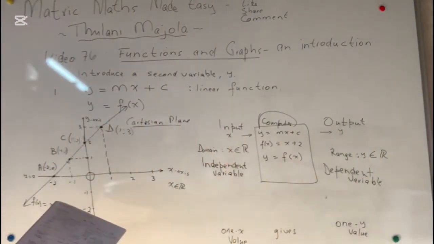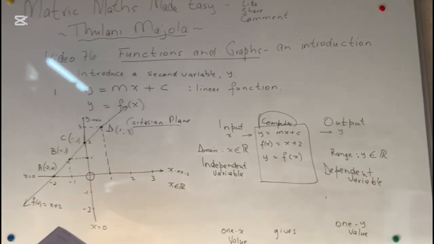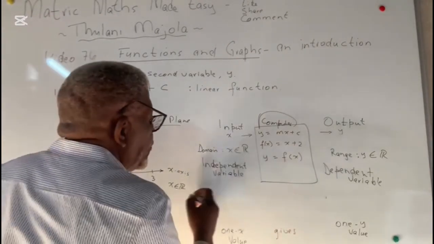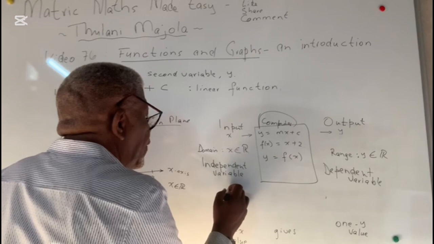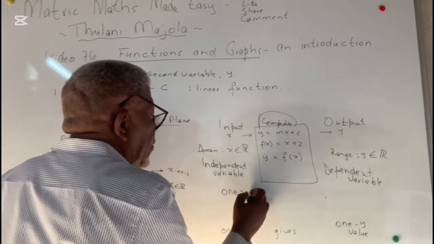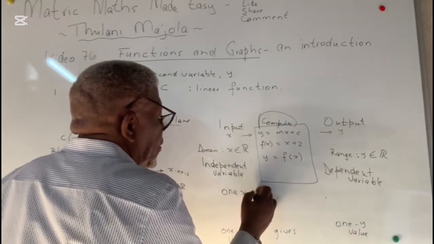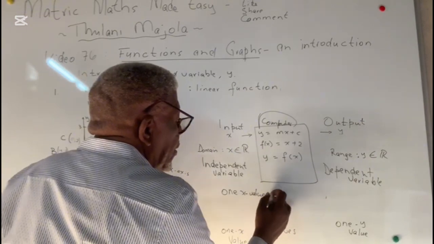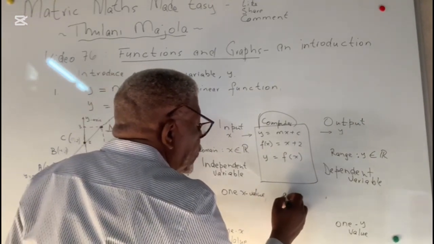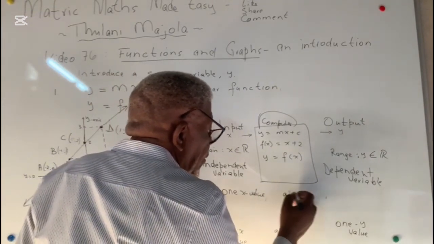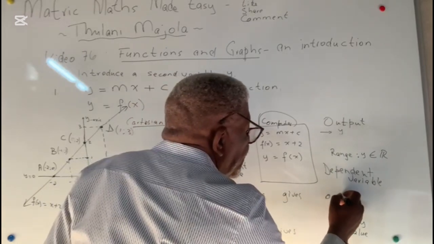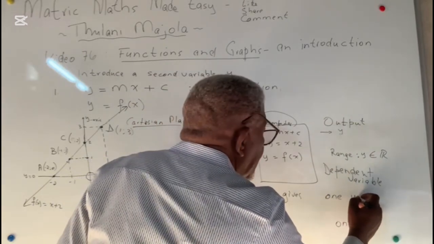Okay, what else do we call these? Independent, input, domain, and then we find that it's one-to-one. So one x value gives you one y value.